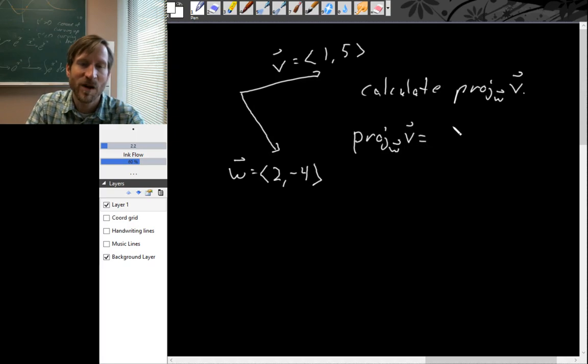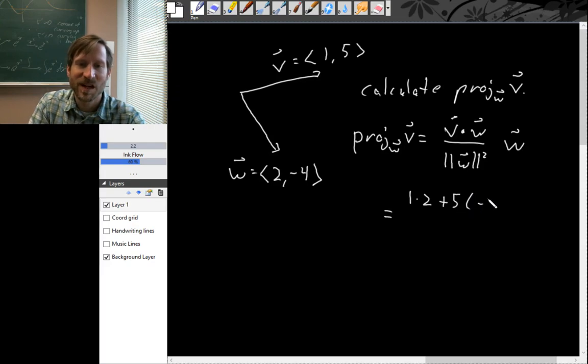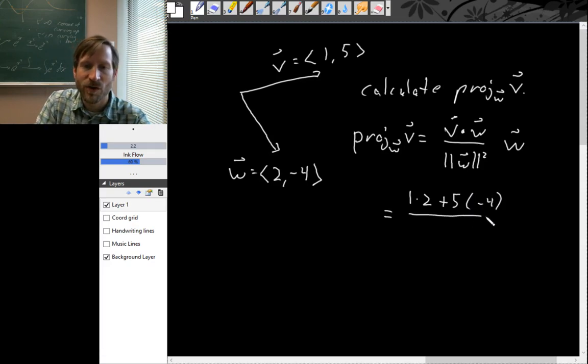Our formula for it was v dot w over the magnitude of w squared times w itself. So v dot w is 1 times 2 plus 5 times -4, over the magnitude of w squared.